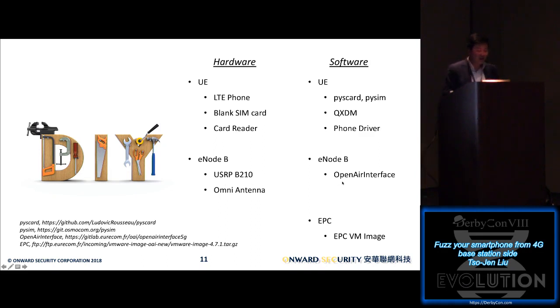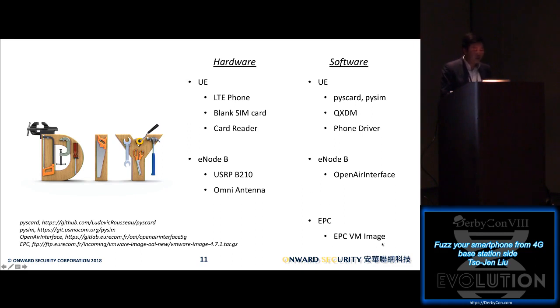With the OpenAirInterface software, OpenAirInterface can control the USRP B210 SDR to transmit and receive the LTE signal. Building an EPC server is the simplest part. You just download and deploy the virtual machine image and make a little configuration. The EPC server will be okay.